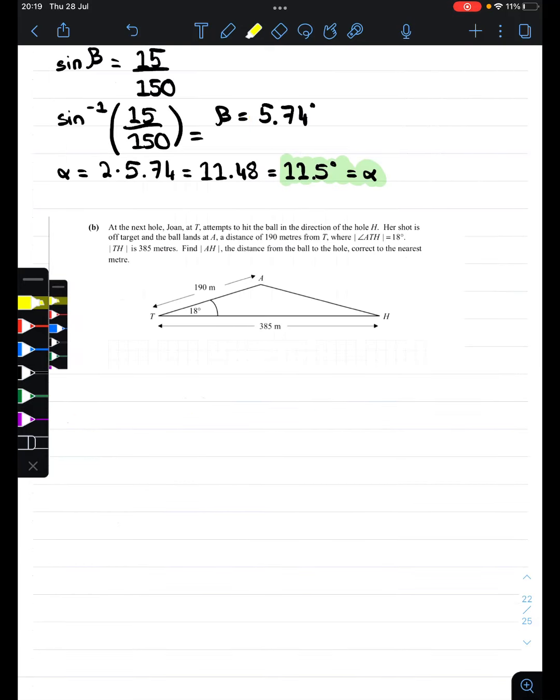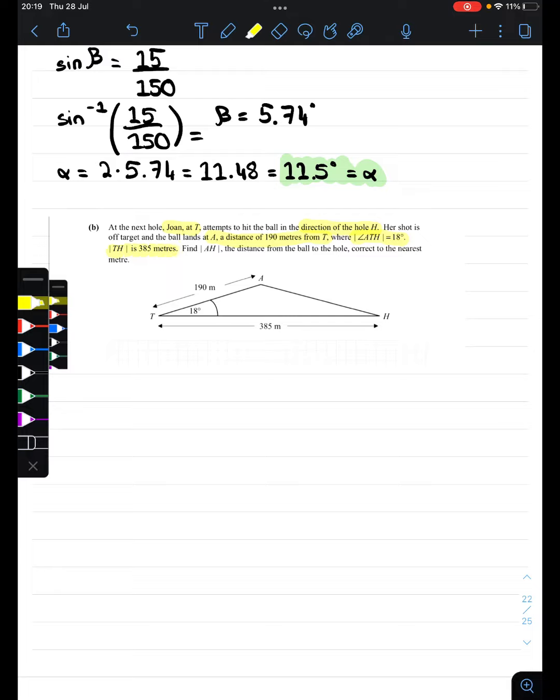At the next hole, Joan at T attempts to hit the ball in the direction of the hole H. Her shot is off target and the ball lands at A, a distance of 190 meters from T, where the angle ATH is 18 degrees.